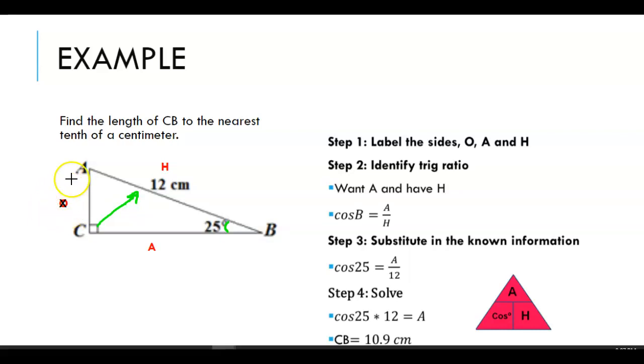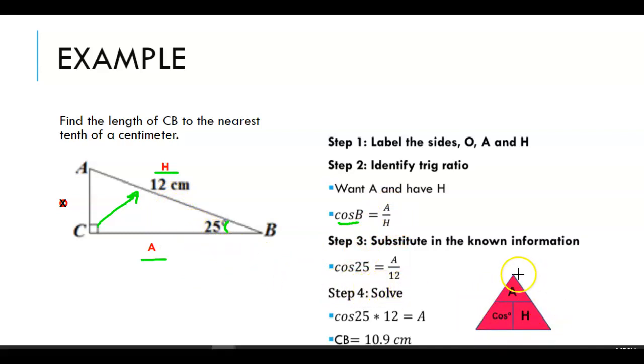Therefore, we can totally ignore opposite. So what we're left with is the hypotenuse and adjacent. Then we ask ourselves, which one of the primary trigonometric ratios has adjacent and hypotenuse? And that is cosine. Then we write that ratio, cosine of angle B equals adjacent over hypotenuse. Substitute the given information and solve the triangle.